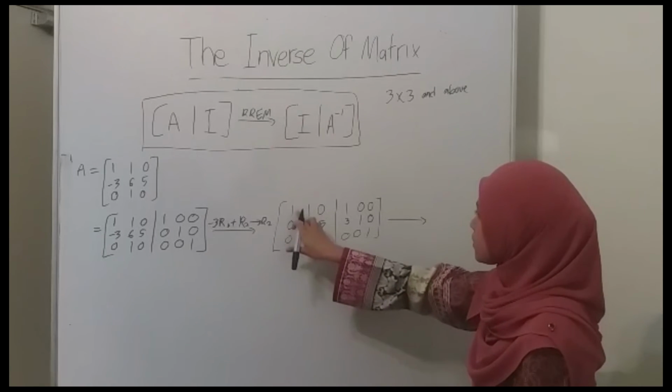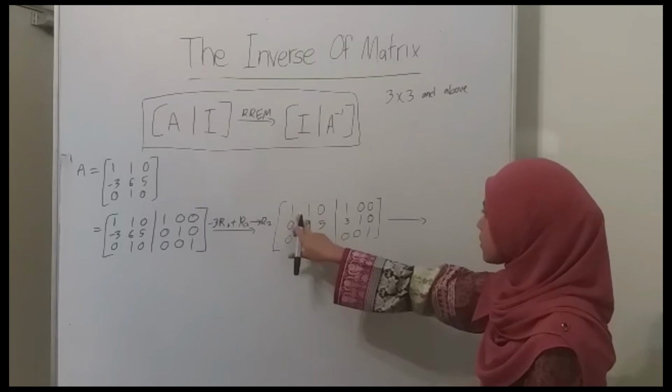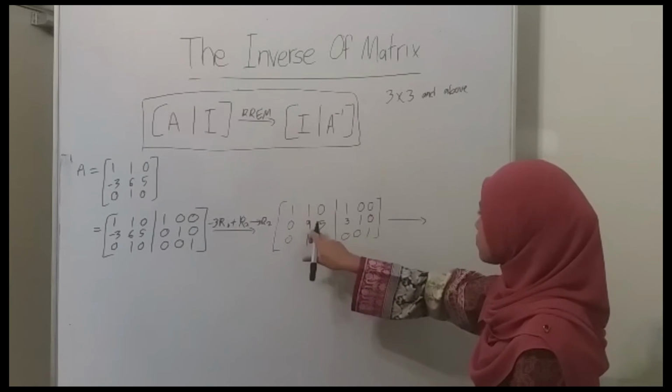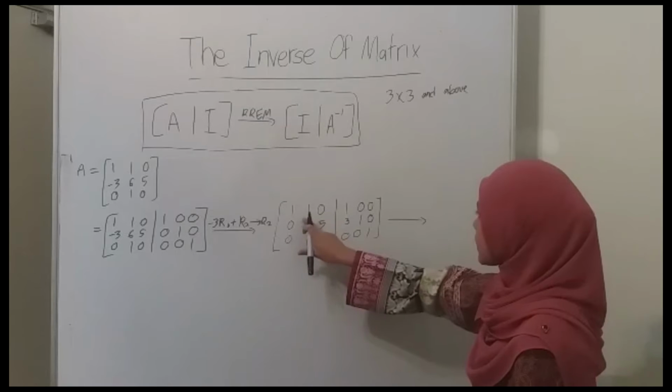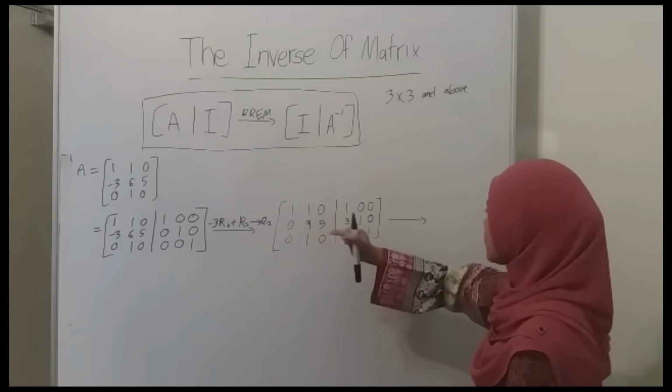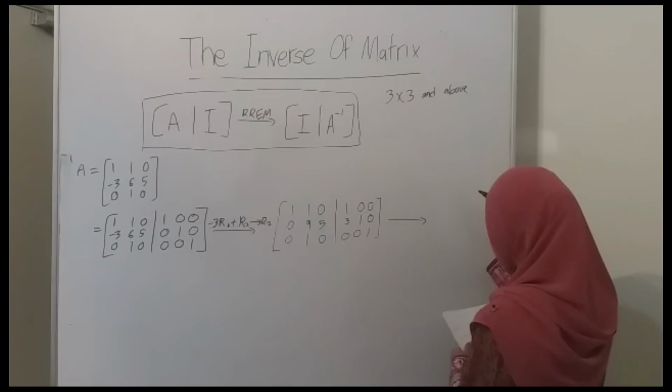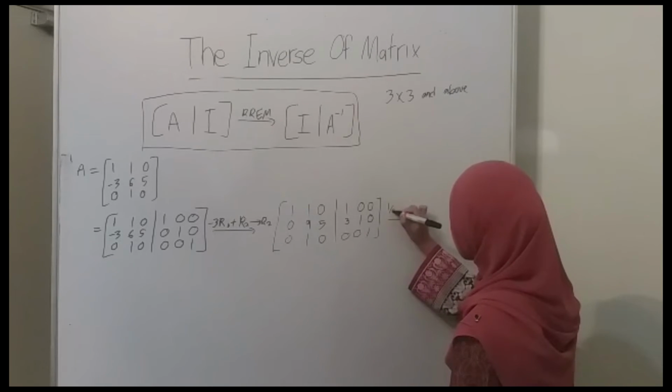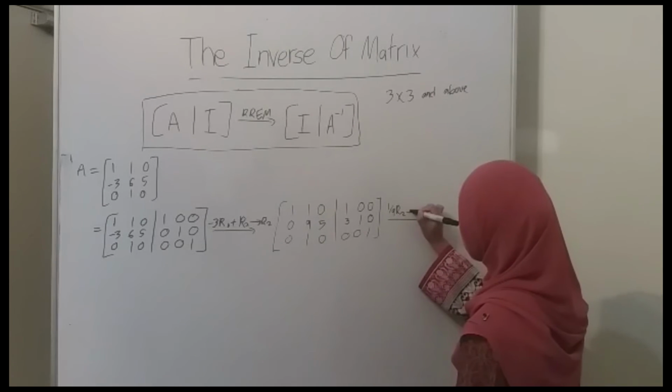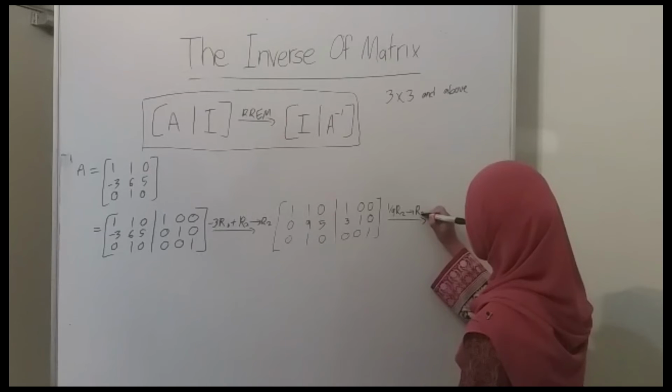This already has a leading 1. So we are going to make this number 9 into a leading 1. So we times 1/9 R2. The changes is on R2.